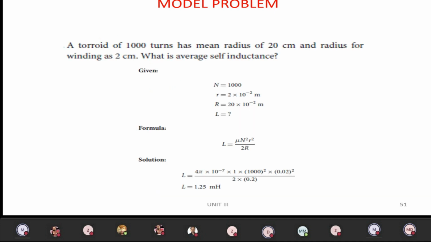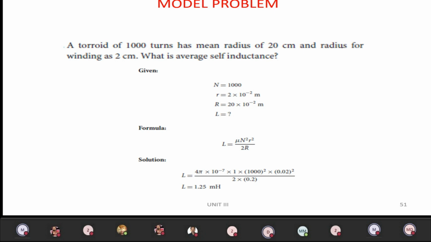And for the second one, mu r equal to 800. Mu naught mu r n square A by l. So from that we can solve for the inductance of each part.